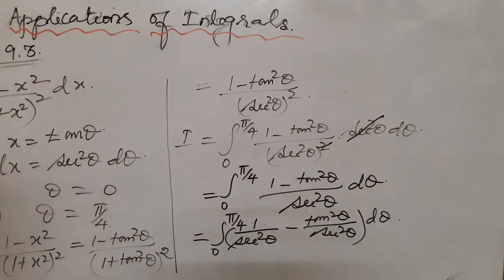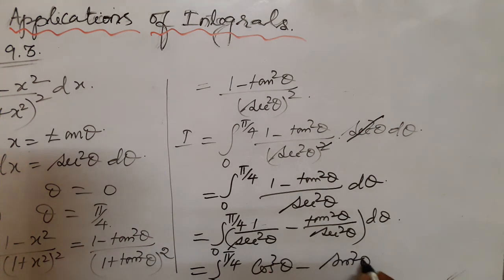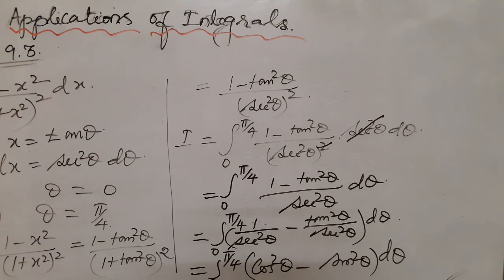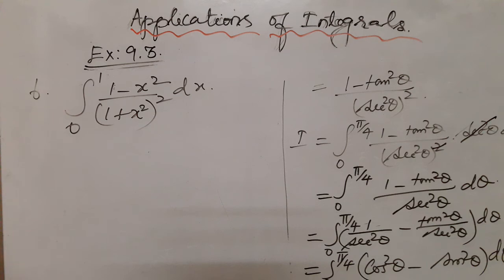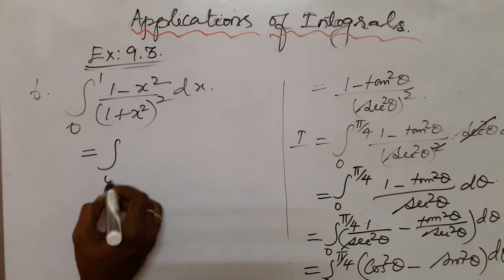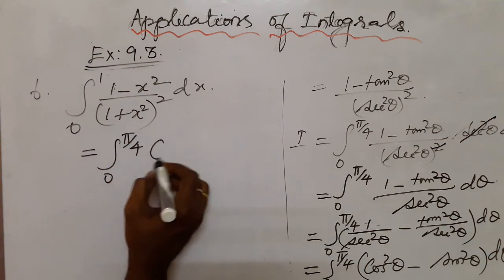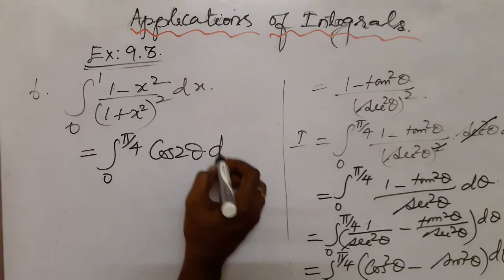That can be written as integral 0 to pi by 4 cos square theta minus sin square theta. Your cos square theta minus sin square theta is nothing but cos 2 theta. So it is 0 to pi by 4 cos 2 theta into d theta.